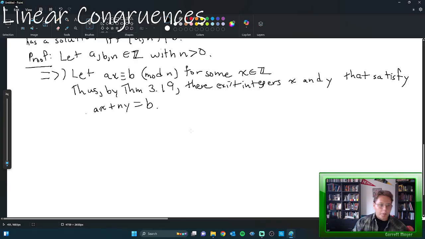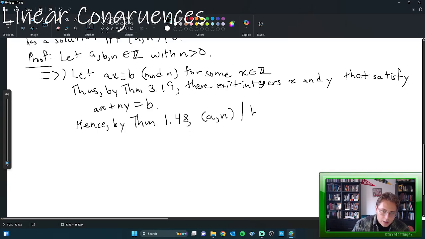And then if we remember from chapter 1 what having a solution to this means about this value b, from theorem 1.48, what we have is that the GCD of a and n divides b, which is what we were trying to show.